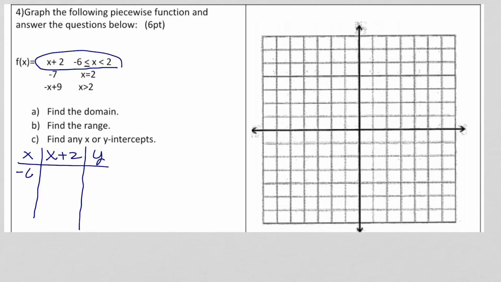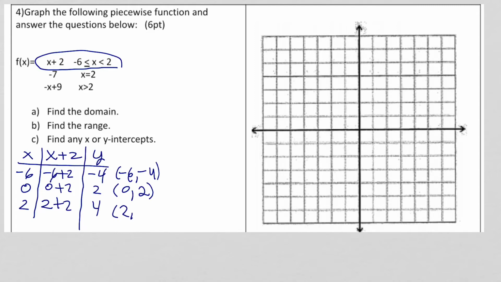I'm going to start with -6, also do 0, and then end at 2. You don't have to do 0, but I'm going to. We get -4 for the first, so I'm plotting -6, -4. For 0, that's a 2. Inputting 2, my answer is 4.